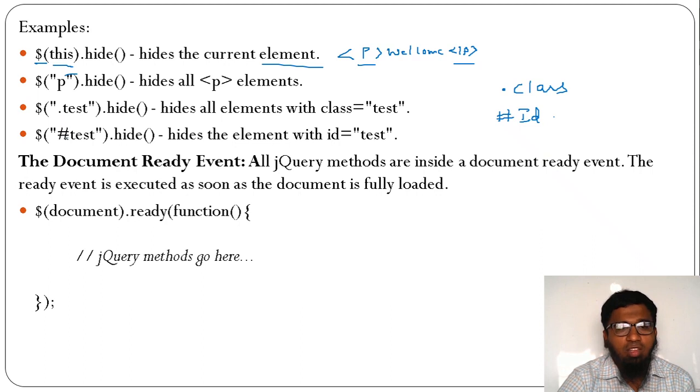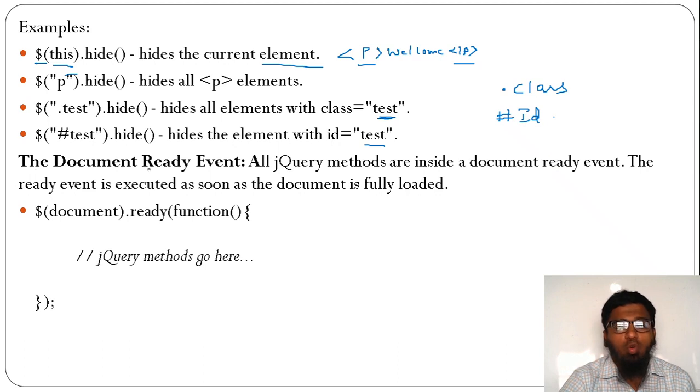Already we have done this. Hash means ID, dot is nothing but class. It hides all elements with class equal to test, so wherever the class is test, that will be hidden. Here, wherever the ID is test, that will be hidden. So this is a simple example related to our syntax.